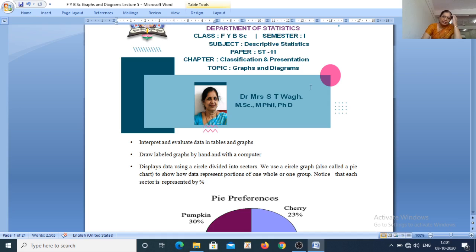Nowadays computers are available in any institute, and you can draw any type of chart and diagram using MS Excel, R software, or SPSS, and there are many more software packages available in the market to draw graphs and diagrams from your raw data.